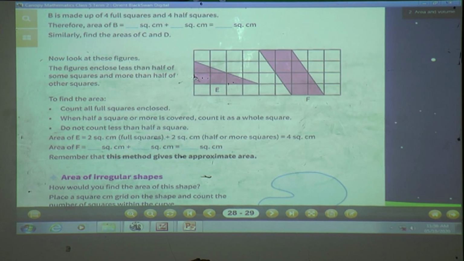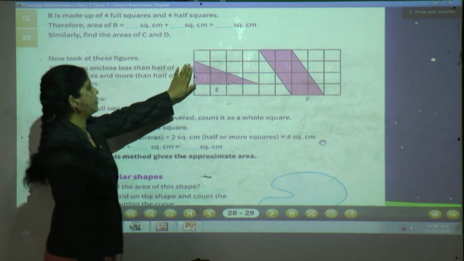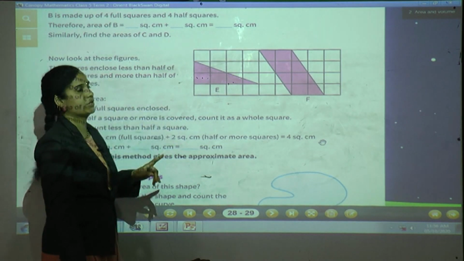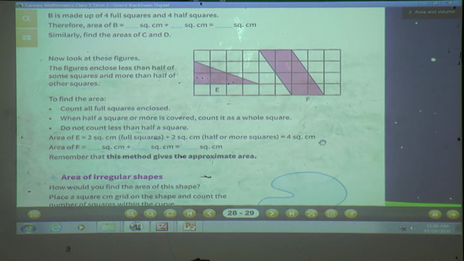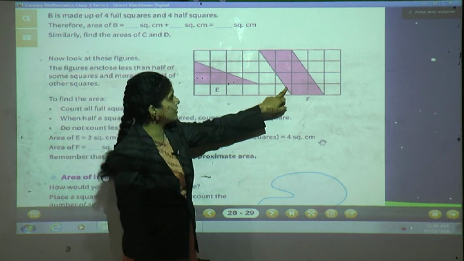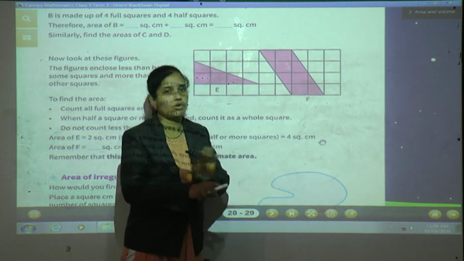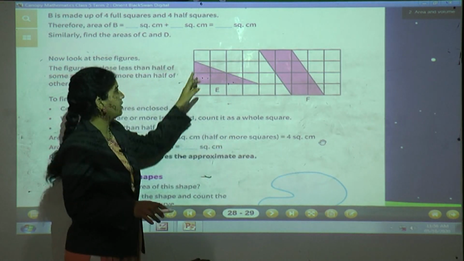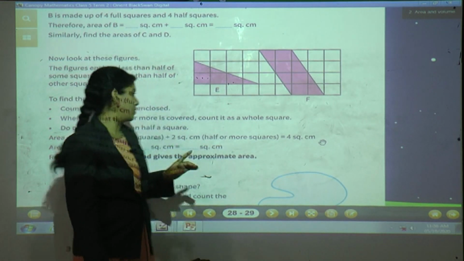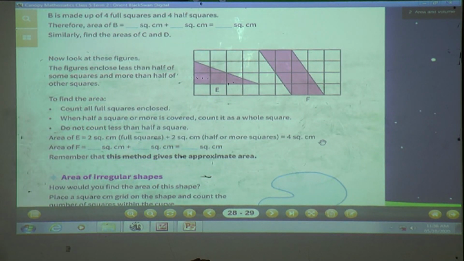When half a square or more is covered, count it as a whole square. Again, do not count less than half a square. See, this one is less than half, so do not count it. But if the shaded part is more than half, take it as a full square. In this way, we can find the area.